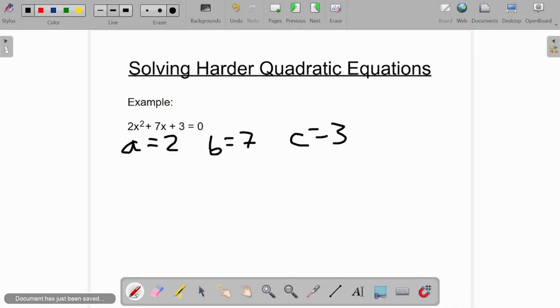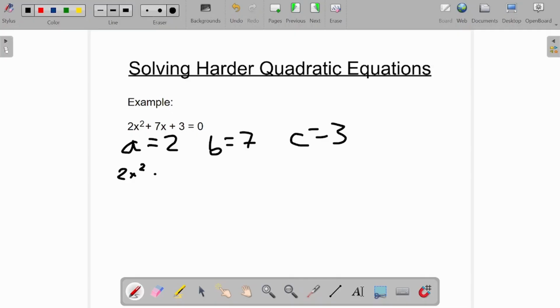So how we start off is by multiplying a and c together, which is 2 times 3, which is 6. Now we want to find two numbers that multiply to make this 6 and add to make the value of b, which is 7. In this case, we have 6 and 1. So what we can do now is split this middle term into the 6x and 1x. We can write this like so.